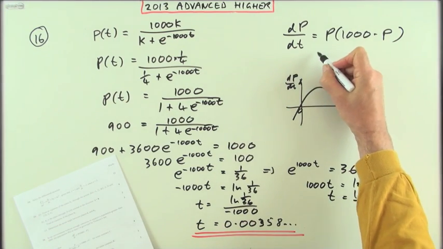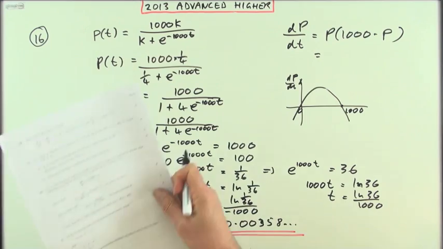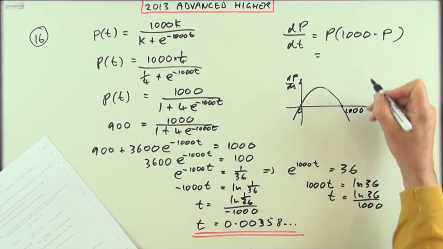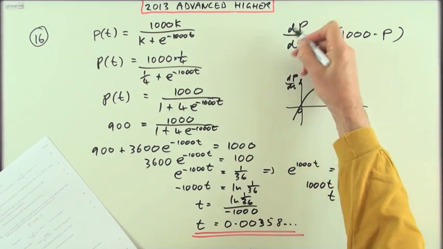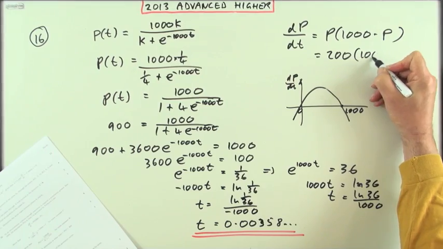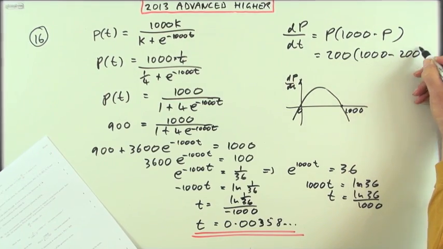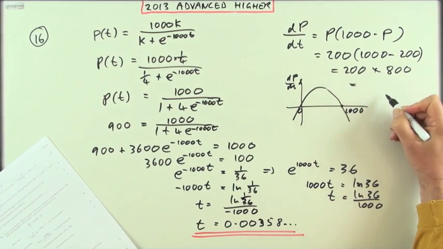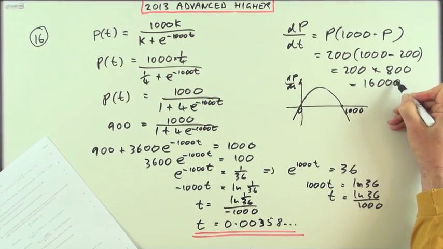But more than that, what about the actual values of them? Because here when it said something like, when the population was 200, how fast was it growing? Well, that should be, according to this formula, 200 times 1,000 minus 200, that's 200 times 800. That's 16 with 4 zeros.